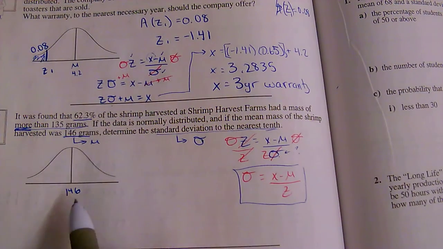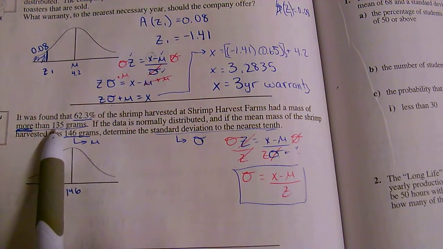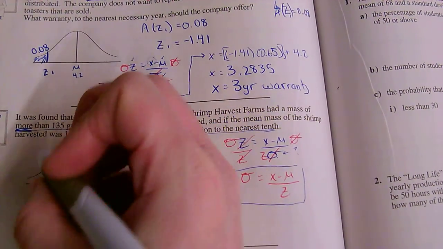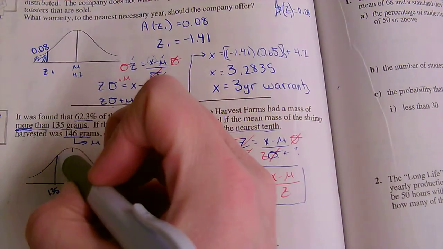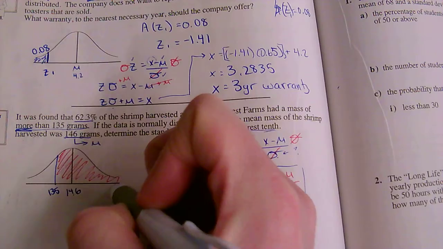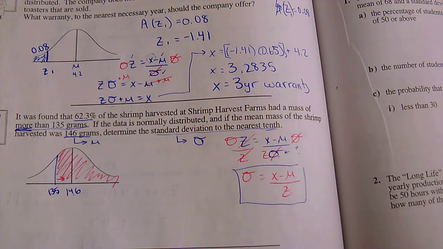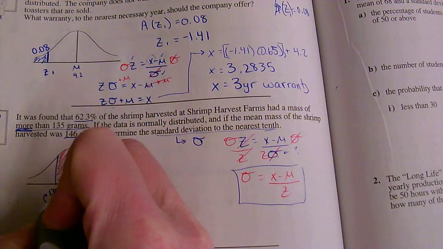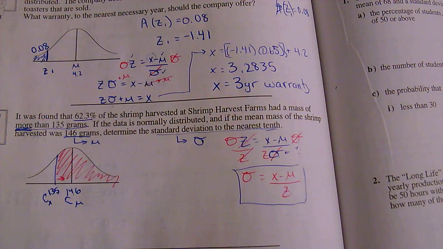Okay, but first we have to figure out what's going on in the diagram here. So remember, it says had a mass of more than 135 grams. Well, if this is 146, that means that 135 is down there, and so I'm looking for the greater than 135. Okay? So my x is equal to 135, my mu is equal to 146.